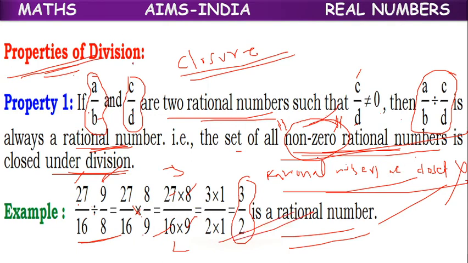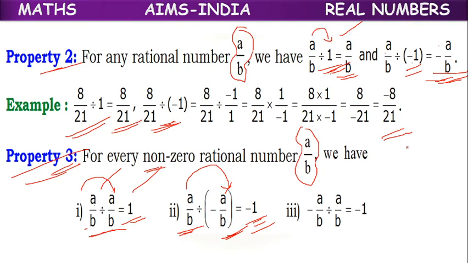So rational numbers follow the closure property under division. Which rational numbers? Non-zero rational numbers. Next, if a rational number is divided by 1, its value will be the same.